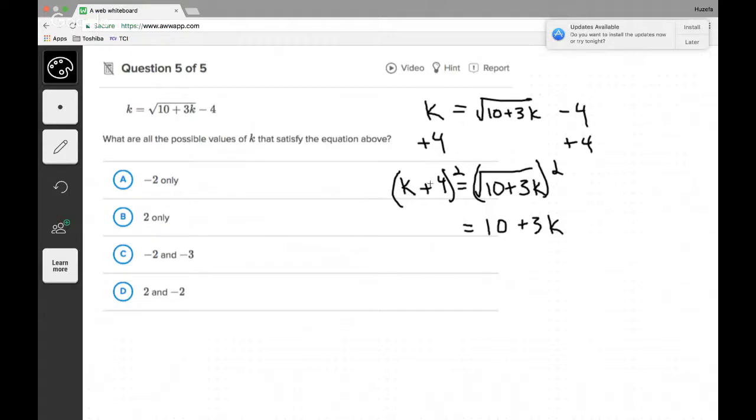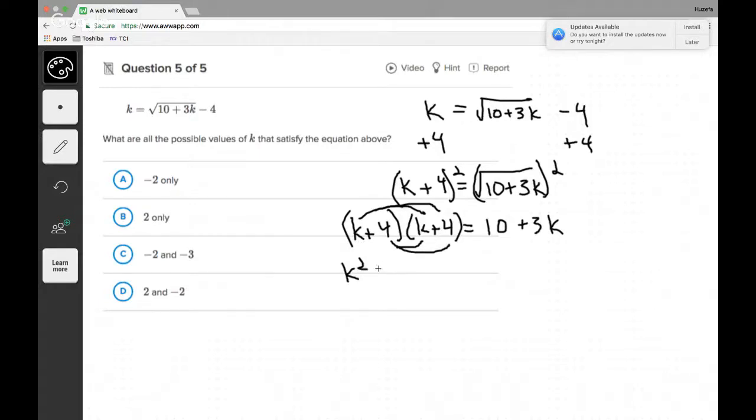The left side is more complicated because k plus 4 squared is actually k plus 4 times k plus 4, right? That's anything squared. It's it times itself. So now we have to do a little FOIL action. We have to do first, outer, inner, last. So k times k is k squared.